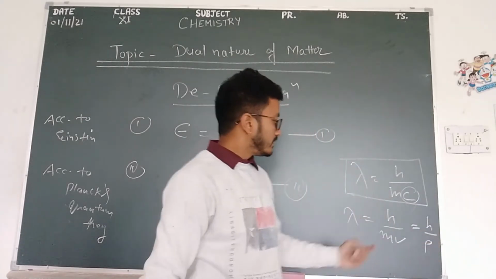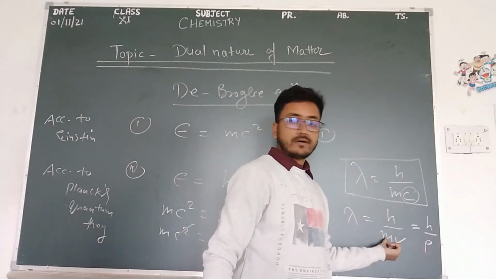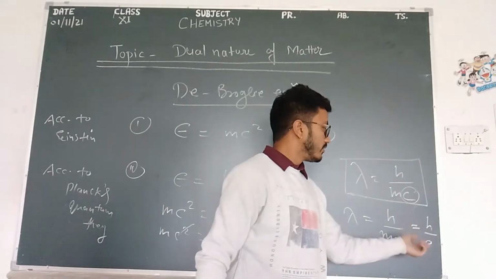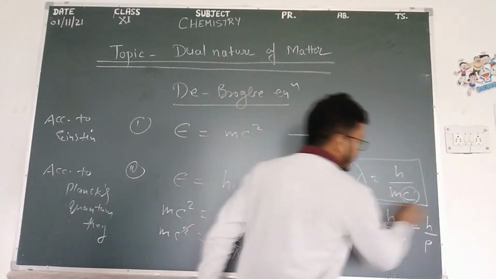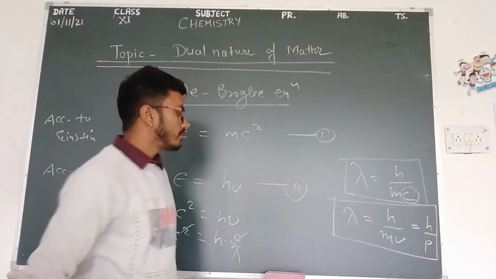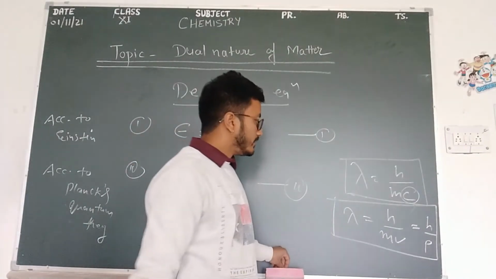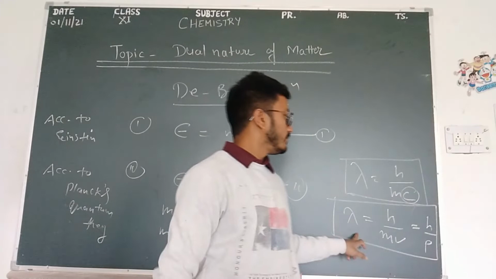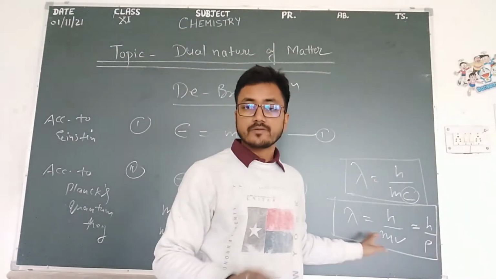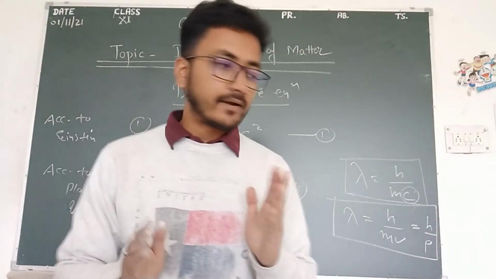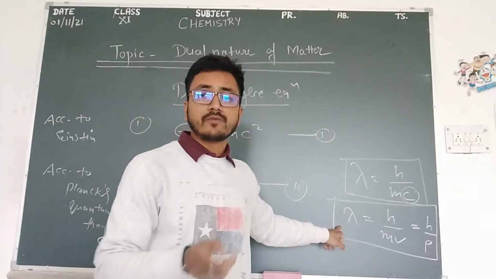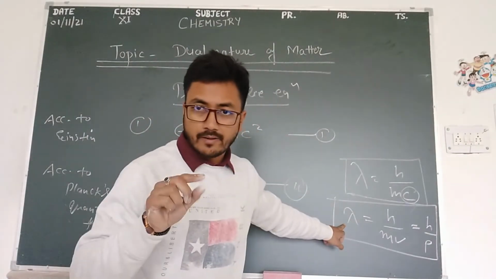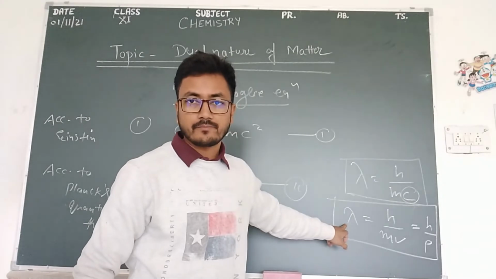So I will put p in place of mv. So this is the relation between mass and wavelength of matter. With the help of this relation, de Broglie proved that every particle, every matter, has wave nature, and we can also find out the wavelength of matter by this formula.